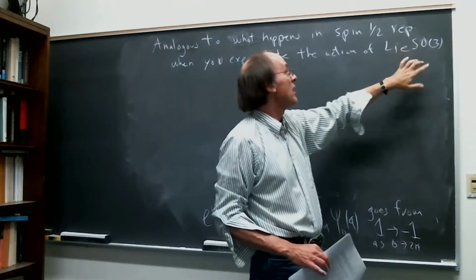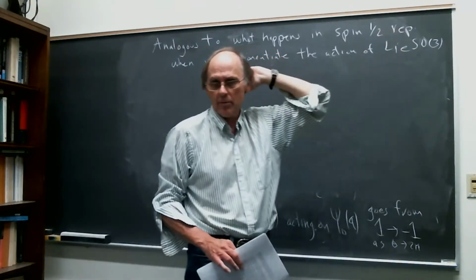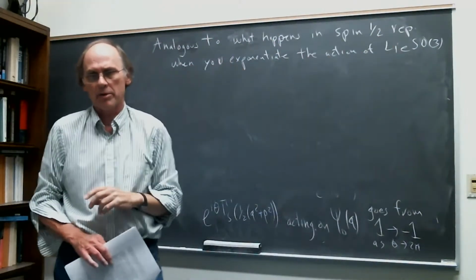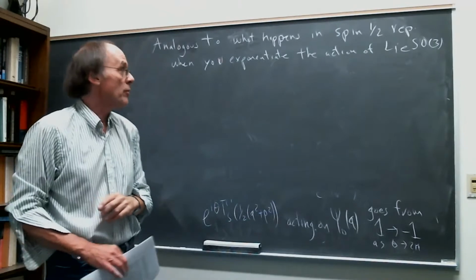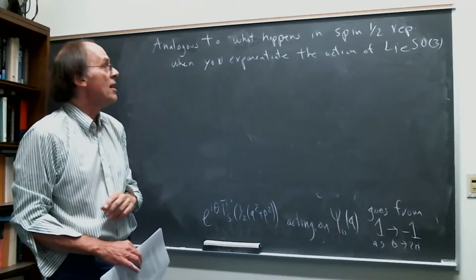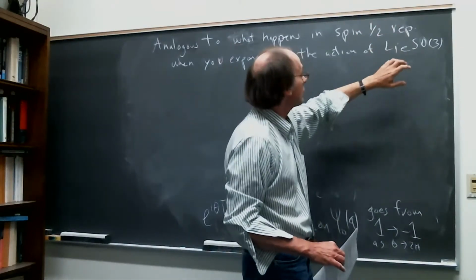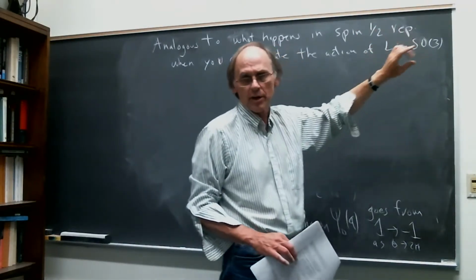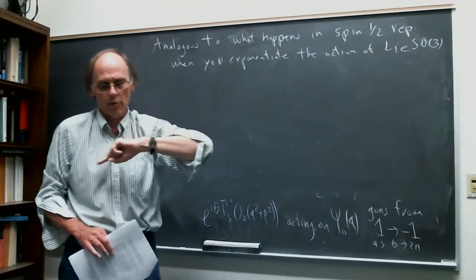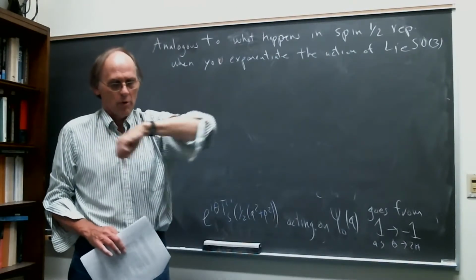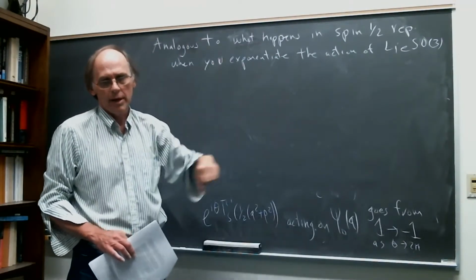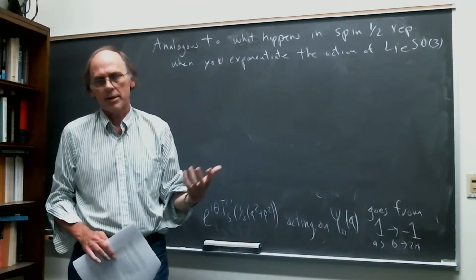The algebra of SO3 was operated in the spin 1/2 representation, basically by these Pauli matrices with this half in it, and so what you found was that if you exponentiated those matrices, as you tried to rotate through an angle of 2 pi, you picked up a minus sign.